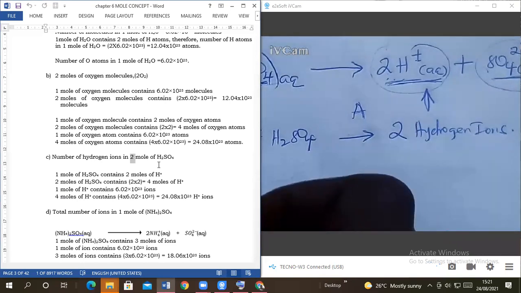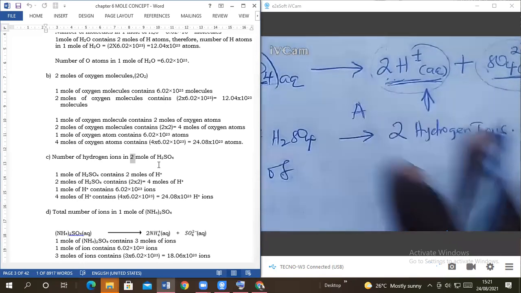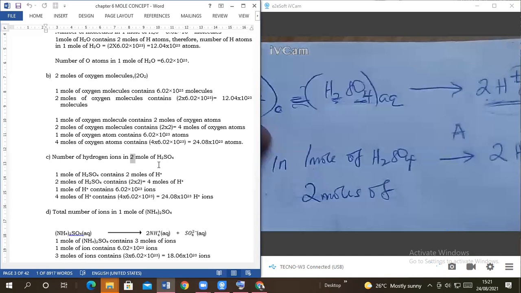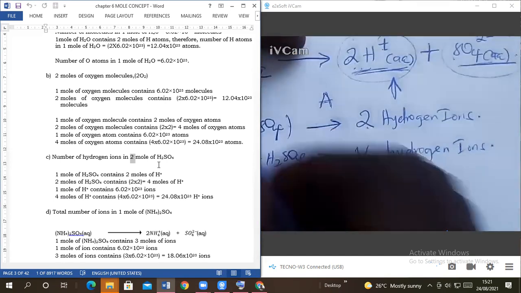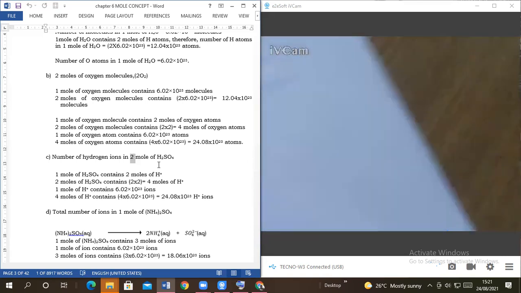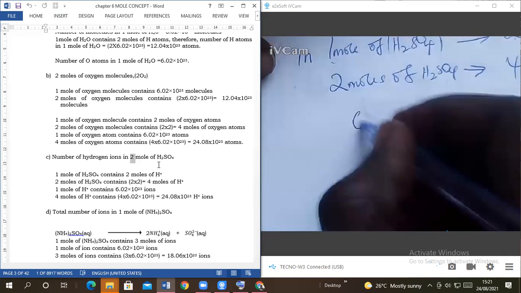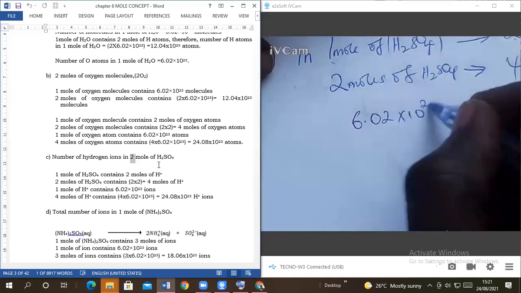What if there are 2 moles of sulfuric acid? 2 moles of sulfuric acid contain 2 times 2, which is 4 hydrogen ions. Then you say 1 mole produces this. You know the number of particles present in 1 mole of a substance: 6.02 times 10 to the power 23 particles.